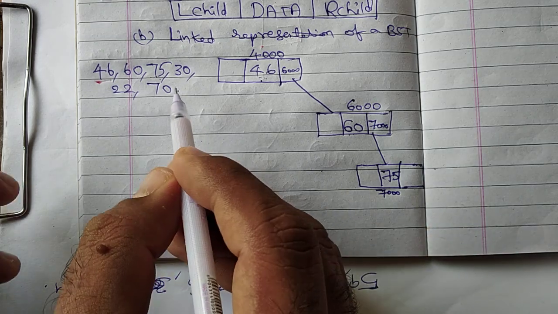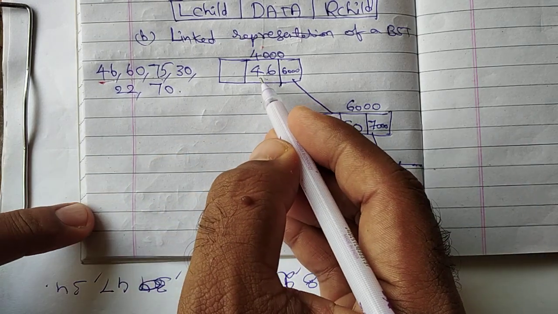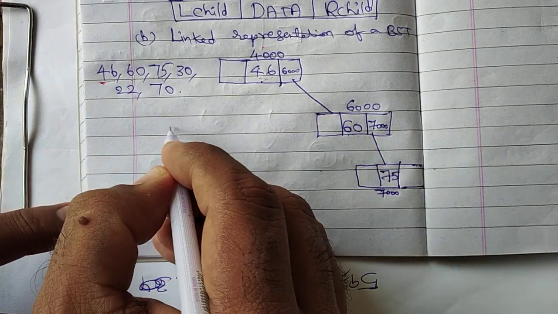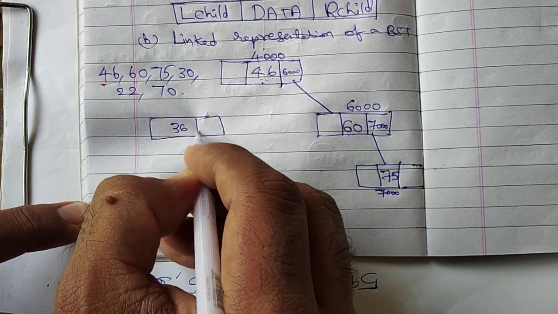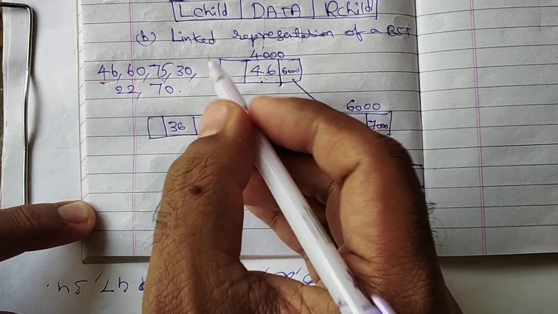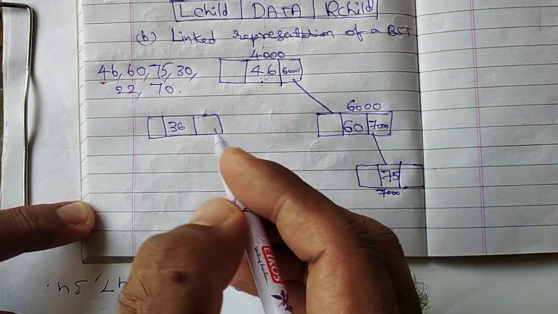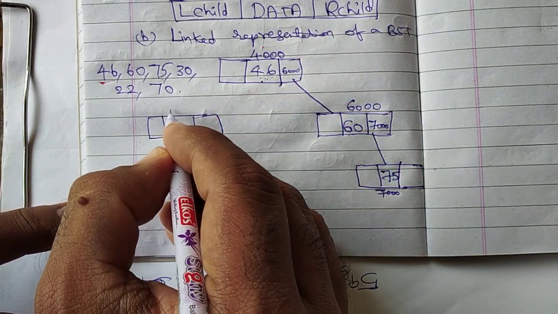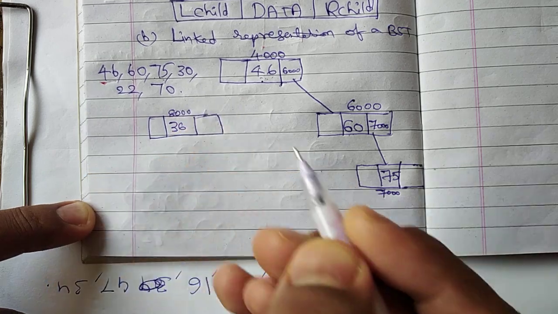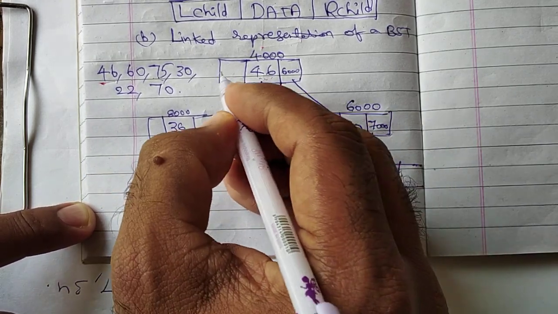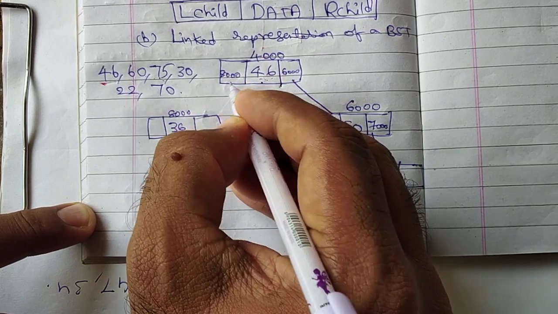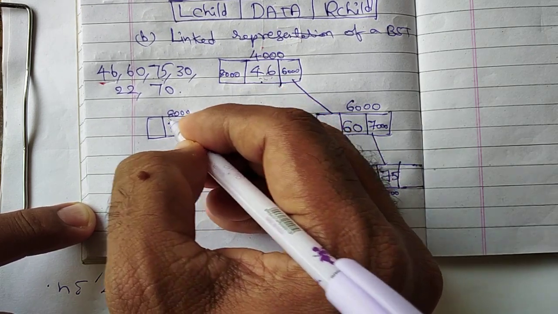Okay. Next, 30. 30 is less than 46. So immediately create a new node for 30, which contains 3 fields: left, data, right. Now assume this address is, for example, 8000. In the 8000 memory location we are storing 30. Immediately here we store the address of this node, 8000.